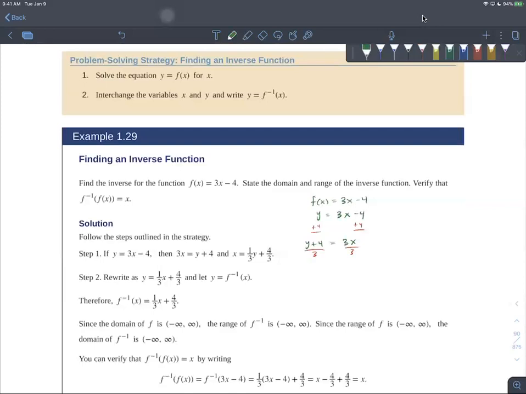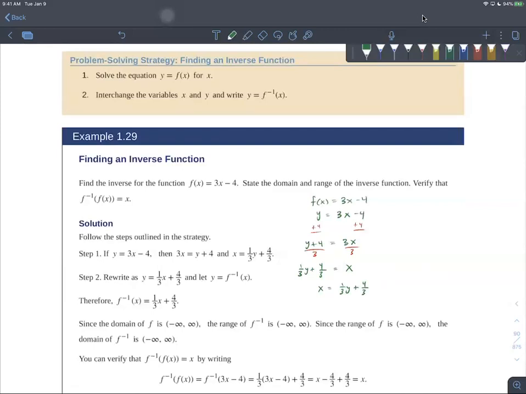And so we get x on the right-hand side. On the left-hand side, we get, I'll line up with what the book is writing here, 1/3 y, or y divided by 3, plus 4 divided by 3. So we have x equals 1/3 y plus 4/3.